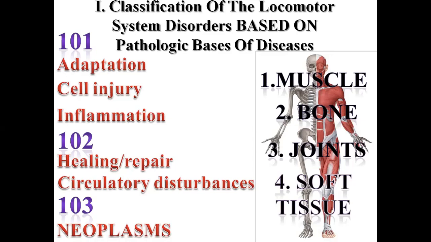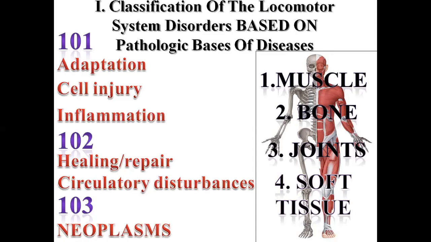And also there are 2 additional categories that can be included in the general schemes of diseases, but we will study them in detail here in the locomotor system, okay?